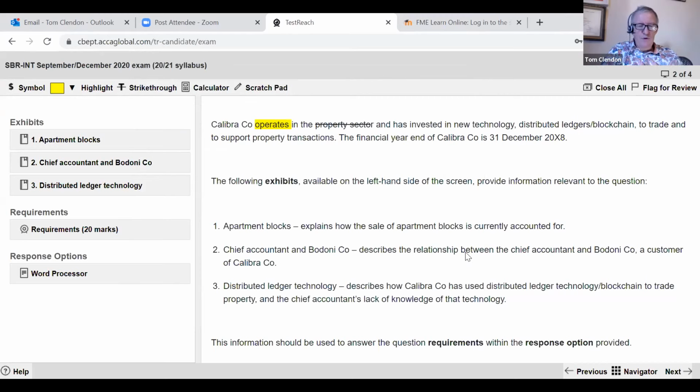So this is the question of Calibra. This is from the September-December 20 exam. The ACCA do sometimes release some of their exams. As I say, the answer that I've produced, you've seen me produce it, is not the examiner's answer. Every time I do it, I produce a slightly different answer with slightly different words. But there we have it.